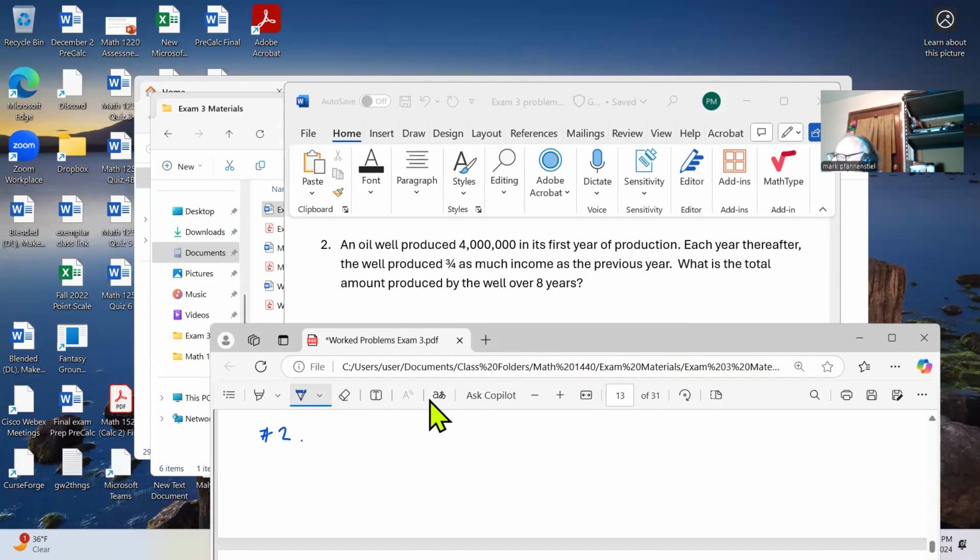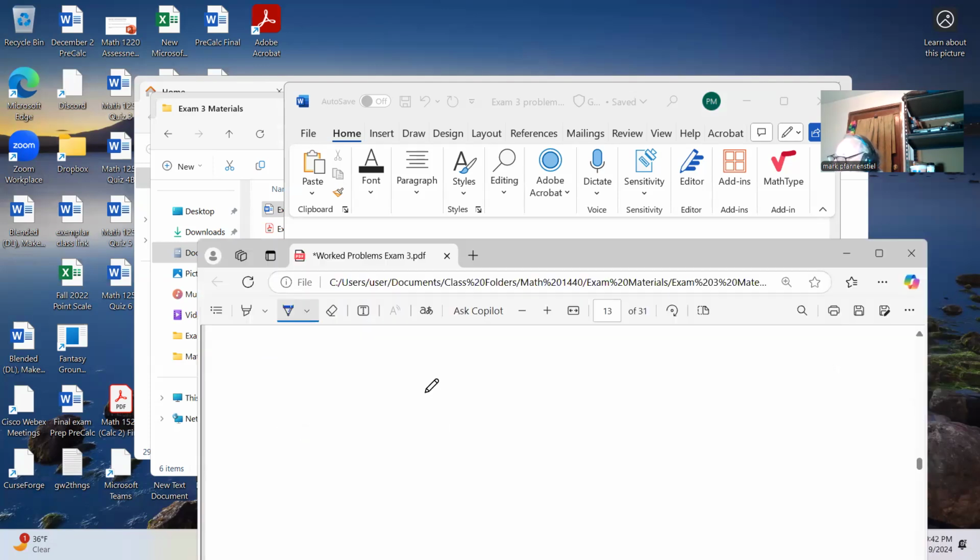Here's what we're going to do. Just going to set up a little table here first and then say, in year one, what did it produce? It produced $4 million. So we'll say it produced a amount of money. In year two, it produced a times three quarters. In year three, it was a times three quarters squared.